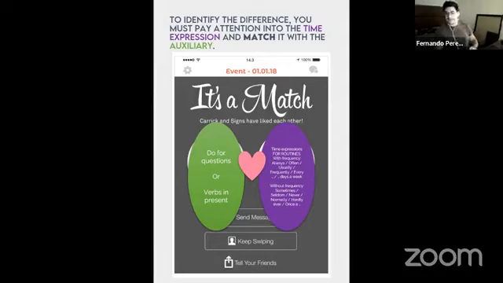Every time, all the people, every time, all the auxiliaries. To identify the difference, you must pay attention to the time expression and match it with the auxiliary and verb form.